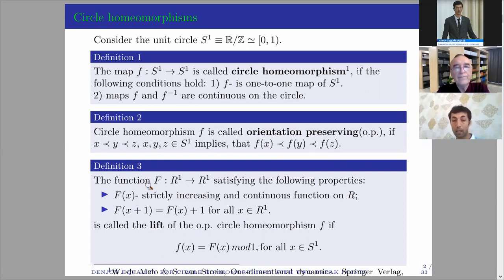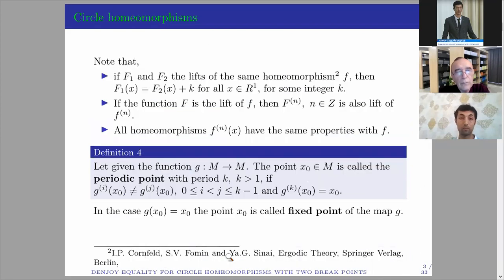The function capital F satisfying the following two properties, capital F(x) is strictly increasing and continuous on R, and F(x plus 1) is equal to F(x) plus 1, is called a lift of the orientation preserving circle homeomorphism if f(x) is equal to the fractional part of capital F. Note that if F1, F2 are lifts of the same homeomorphism, then they differ by some integer k.